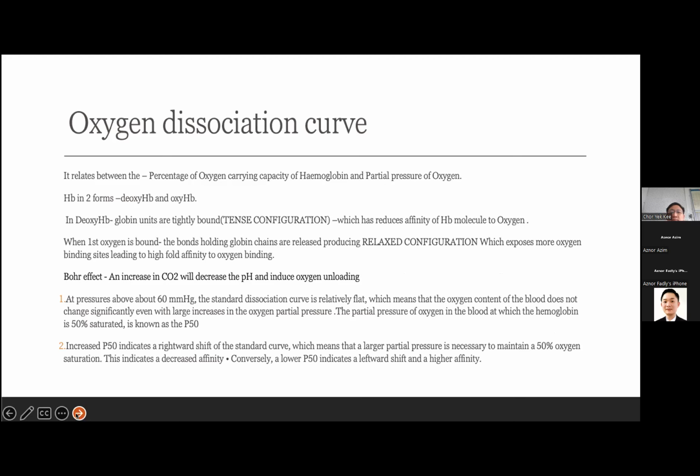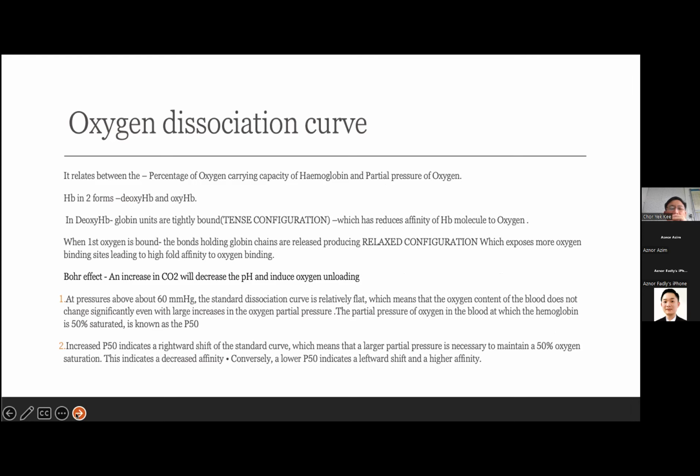Next, I will touch a little bit on the oxygen dissociation curve. We have two types of hemoglobin. One is deoxygenated hemoglobin, and another form is oxygenated hemoglobin. In the deoxygenated hemoglobin, the units are tightly formed, whereby they are in a tense configuration. So deoxyhemoglobin has a very reduced affinity of hemoglobin molecules to oxygen.